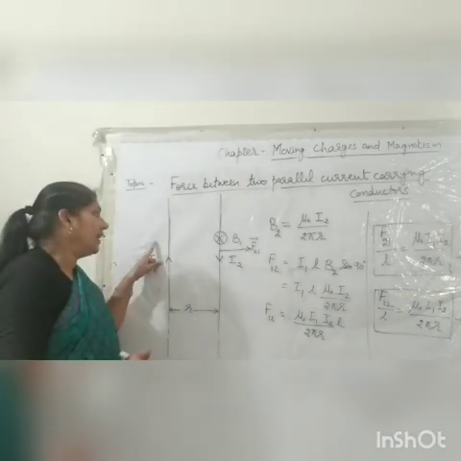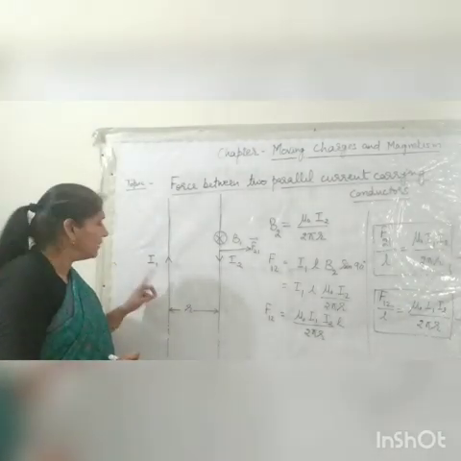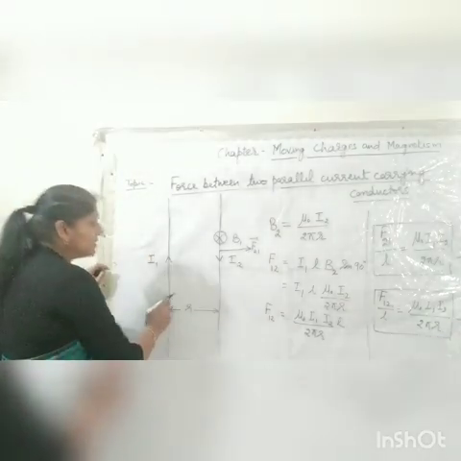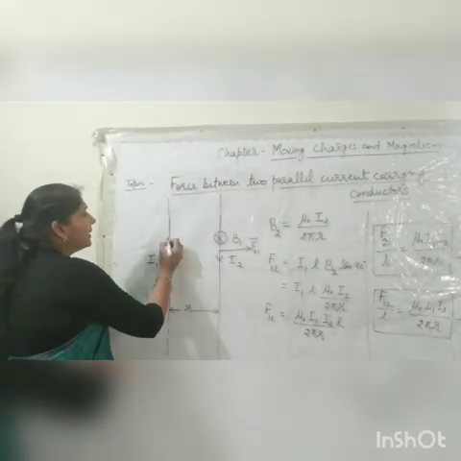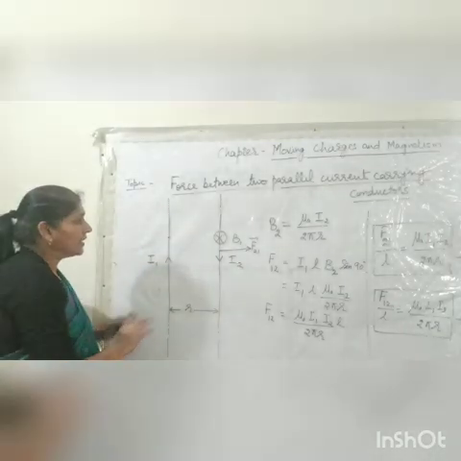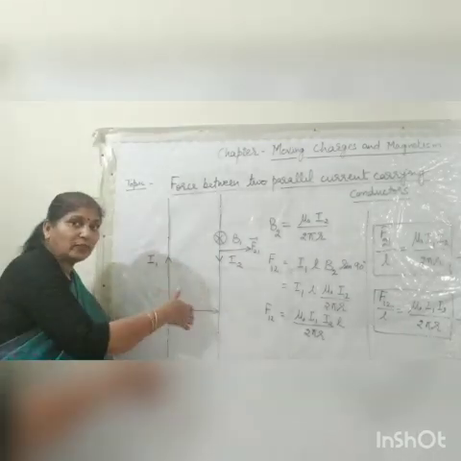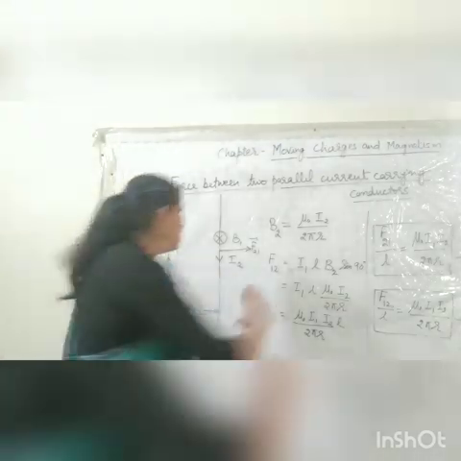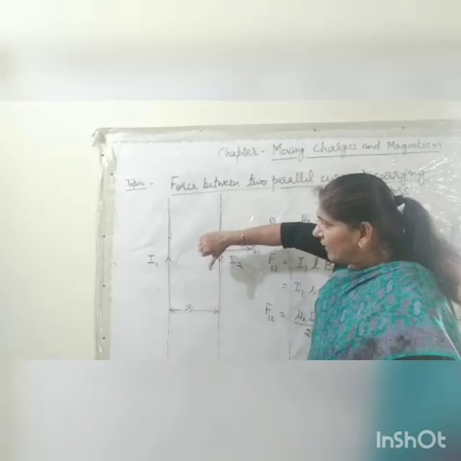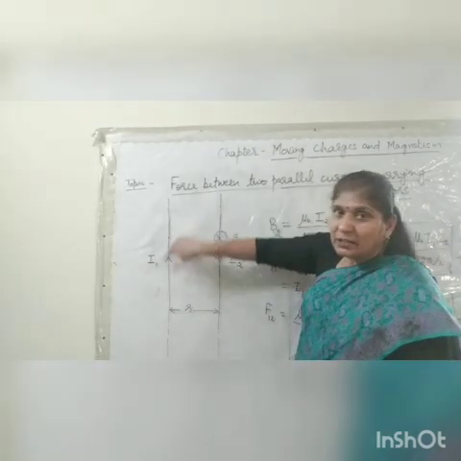Similarly, we can find the direction of force on the first conductor. Due to current I2 at a distance r from the second conductor, there is a magnetic field at the position of the first conductor. The current is in downward direction, and according to the right hand thumb rule, we can find the magnetic field at that position.